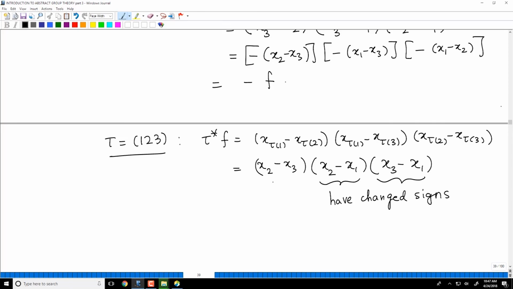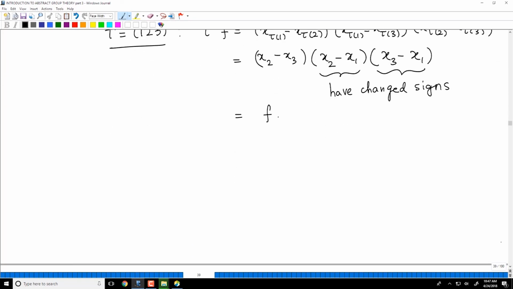It was x1 minus x2 in f, that has become x2 minus x1. It was x1 minus x3 in f, that has become x3 minus x1. x2 minus x3 remains as it is. So this is actually just f, because this is minus of that term times minus of that term. So minus 1 times minus 1 is 1. So tau star f is f.